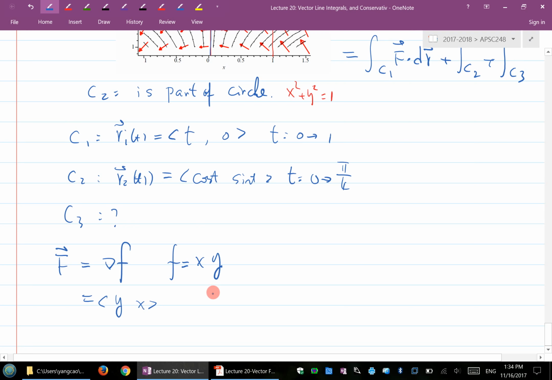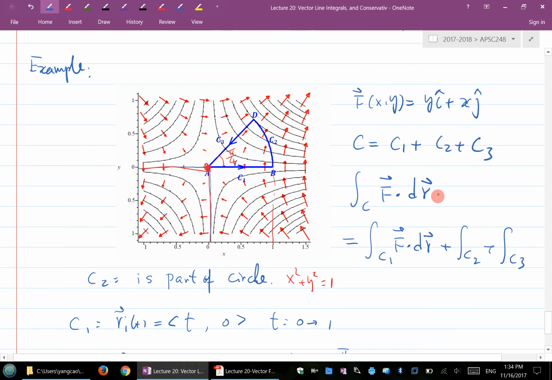So this is the conclusion I gave you, right? By looking at this, what does that mean? Basically it means this is not a random field. This is actually a special field because it's a gradient field, or what do we call that? This is a conservative field. If it's a conservative field, guess what this equals? 0, right?